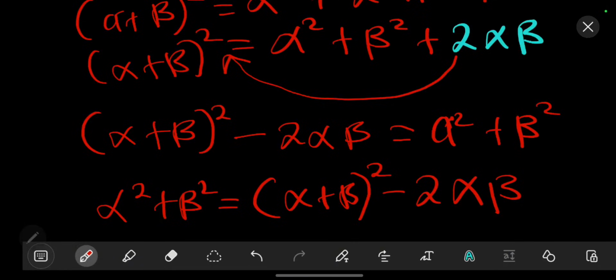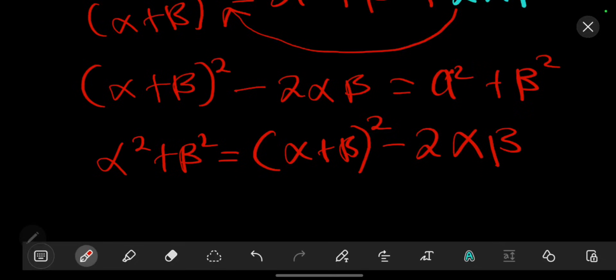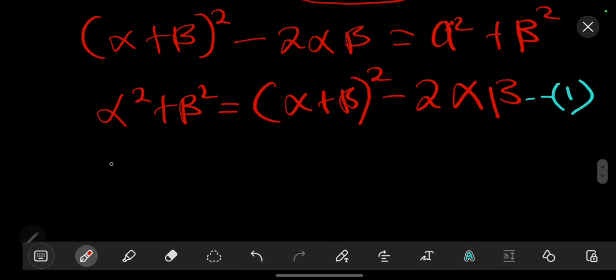Very, very important. Let's derive another identity. So remember this identity; we are going to have identity number 1 like that. Then identity number 2, we are going to derive it from, let's say, alpha minus beta squared.